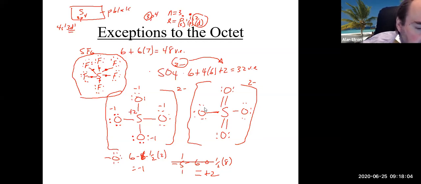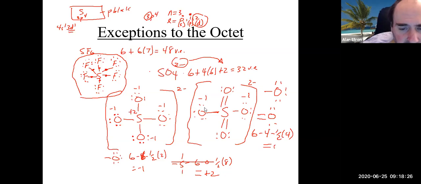Now, if we go to the structure where we double bonded it, what we will see is, again, the oxygen with a single bond will come out the exact same as what we just did over here. So that's going to be -1 and -1. Our double bonded oxygen will come out the same as we saw previously, 6 minus 4 minus 1/2 of 4, and that's going to give us 0.